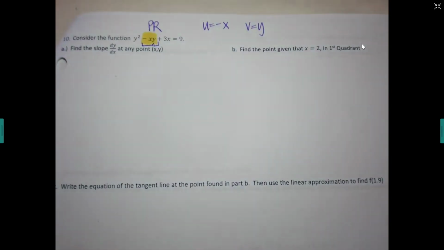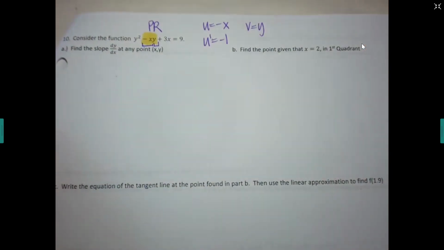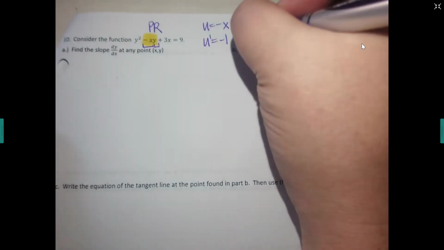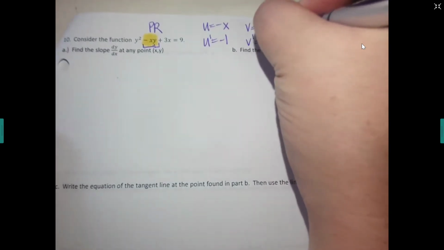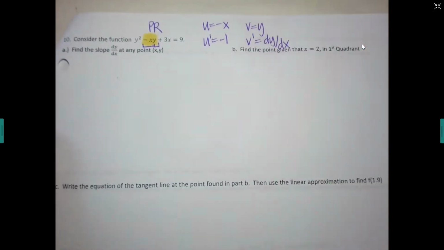What would U prime be? -1. And then V prime, the derivative of Y, would be a 1 dy dx. Okay, but then remember, when we're taking the derivative, we really have to consider the whole equation. We're not just doing the product rule.